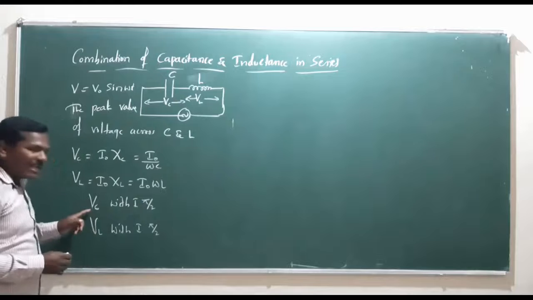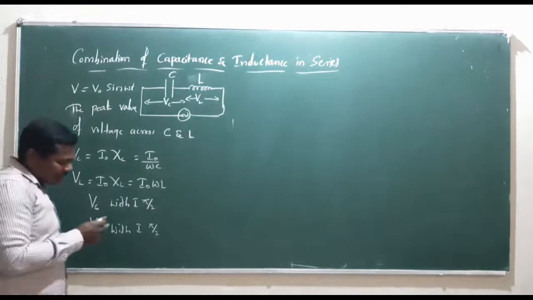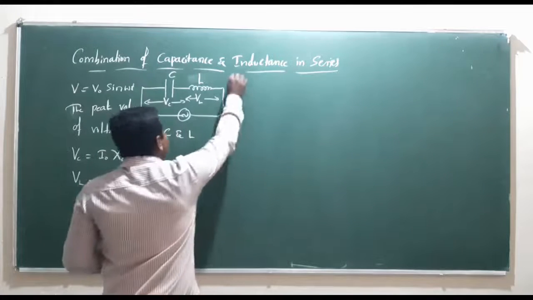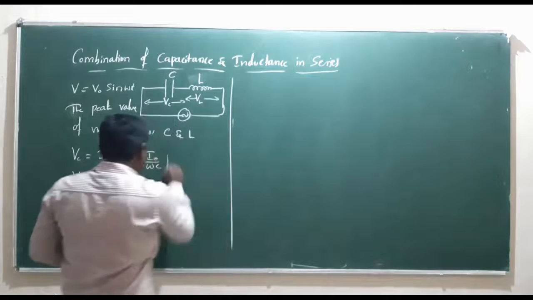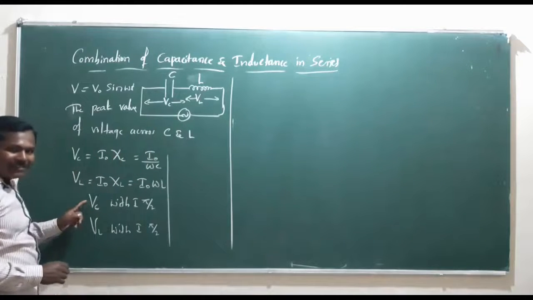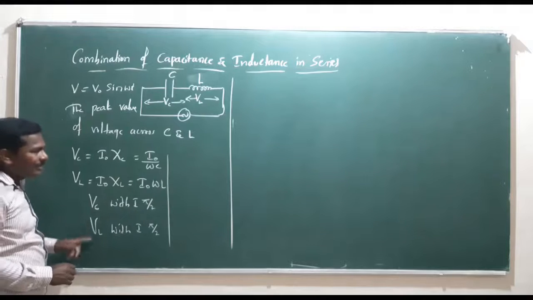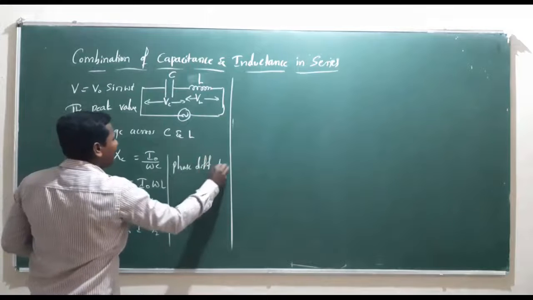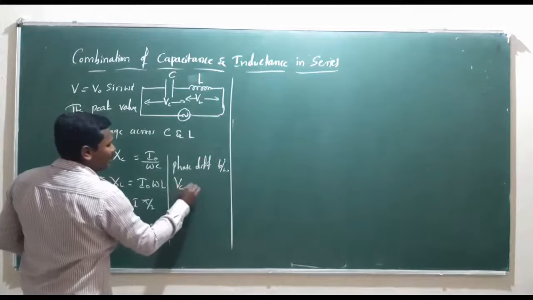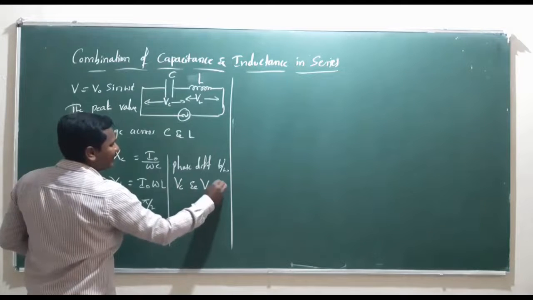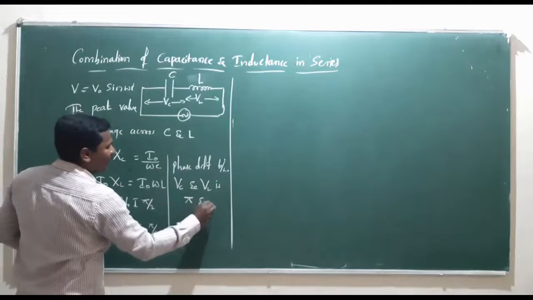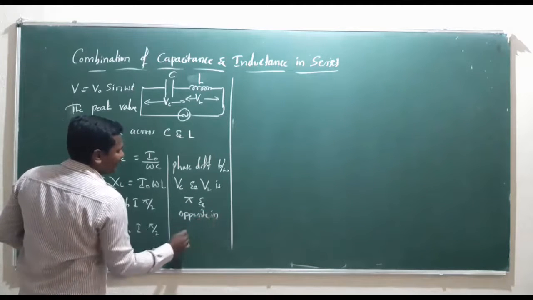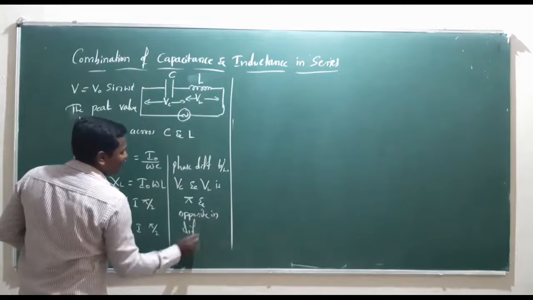Therefore, the voltage across a capacitor and the voltage across an inductor are opposite in direction. The phase difference between the voltage across a capacitor and the voltage across an inductor is pi, which means we are going to get opposite phase.